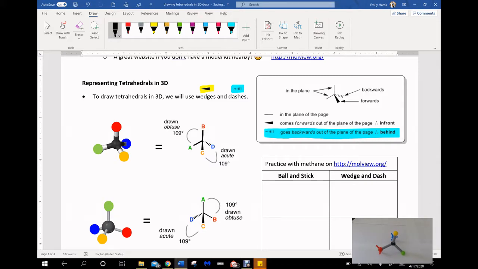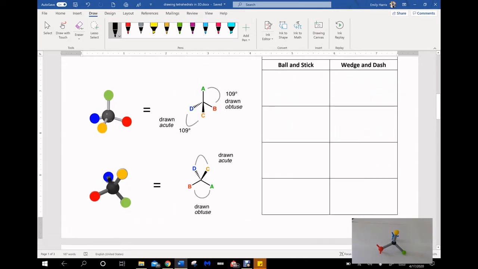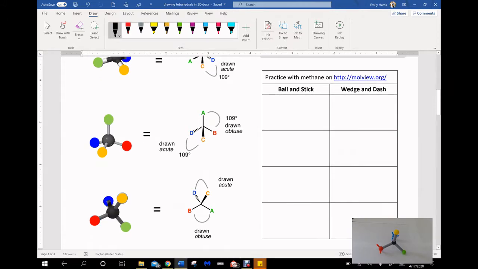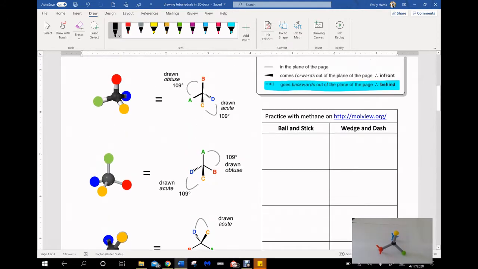And then the angle between your wedge and your dash, which are on either side of the plane, are going to be drawn to look a little bit more acute. And so you can see that throughout the examples, as the wedge and dash are acute to each other, and then the two other lines are typically drawn in an obtuse angle.